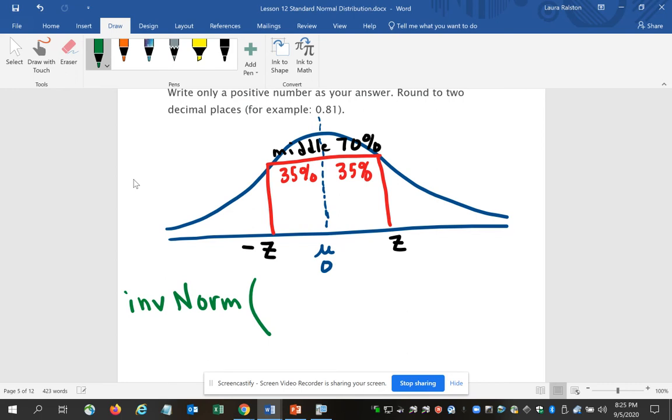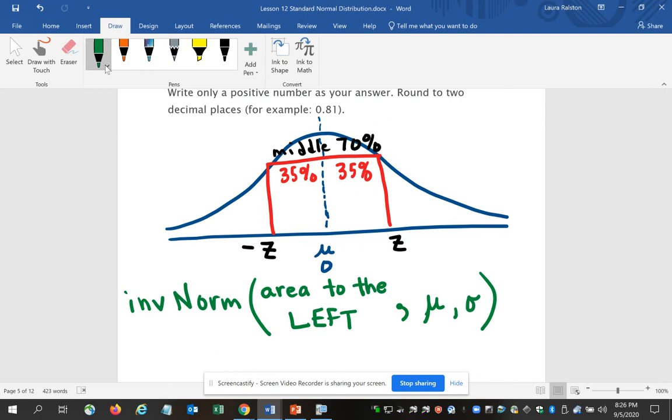And here's the key part. This is where it gets a little tricky, because the command wants the area to the left every time, all the time, but that is not necessarily the area that you're given. For the inverse norm distribution, you want to enter the area to the left, the mean, and then the standard deviation.